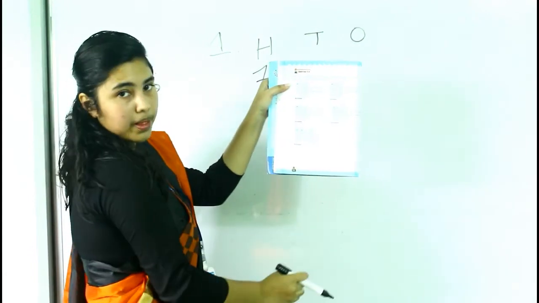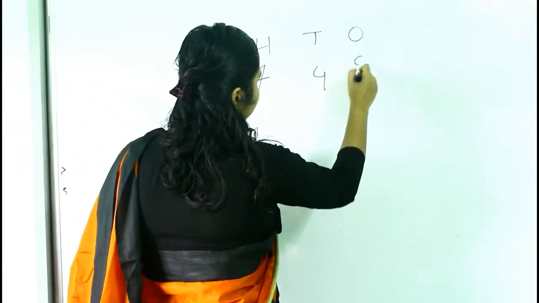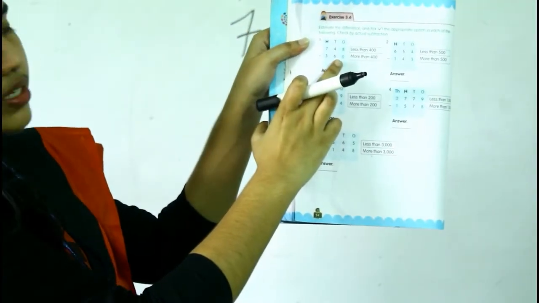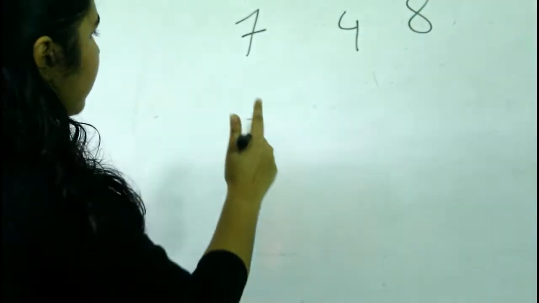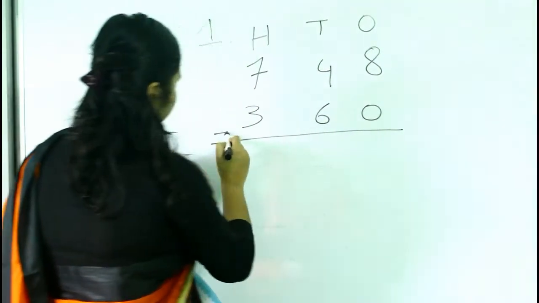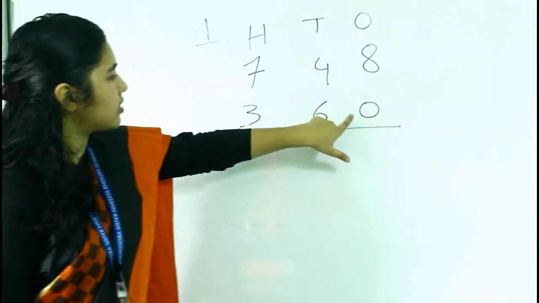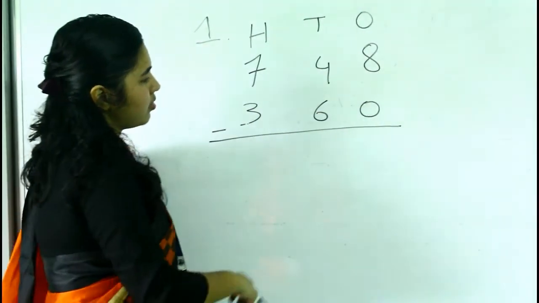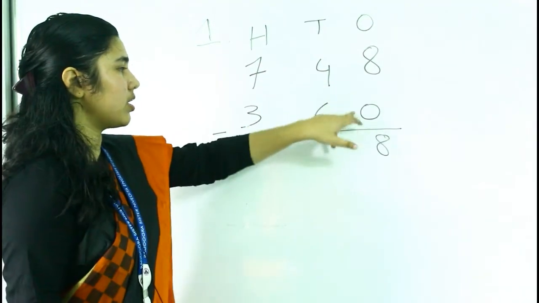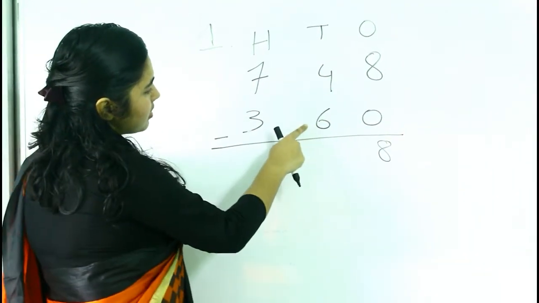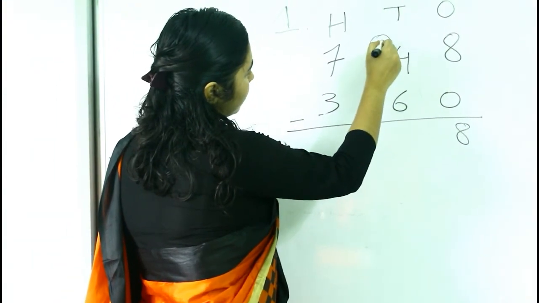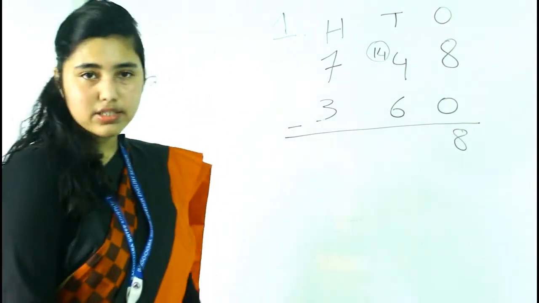748 and the smaller number is 360. Now subtract. 0, 8. We will get 8 because 0 is smaller than 8. Next, 6 is more than 4, so assume here 4 as 14.